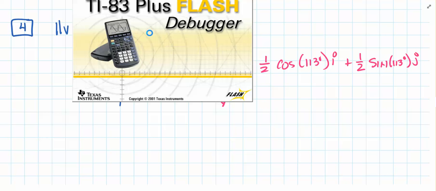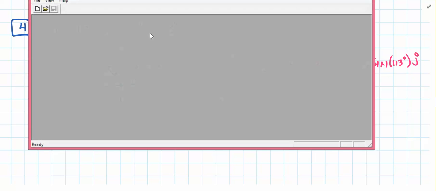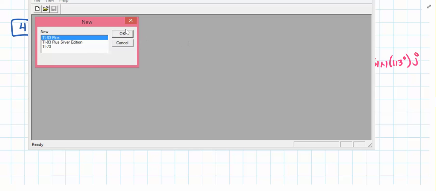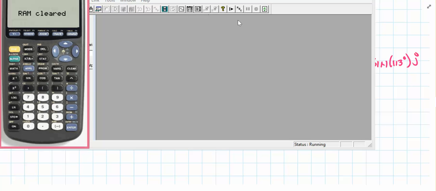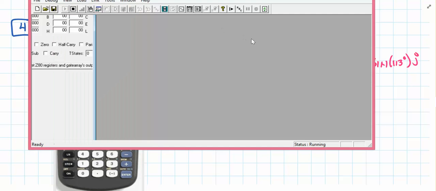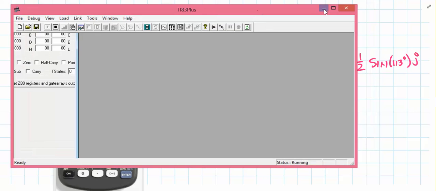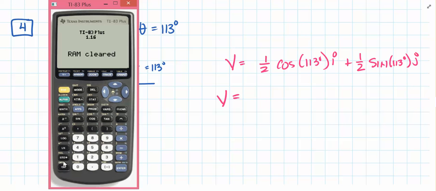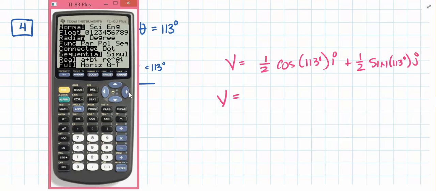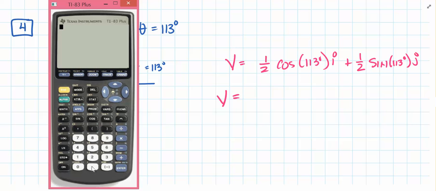And you guys can go ahead and work ahead of me. All right, mine's never in degrees, so I have to go to degrees, push enter. Okay, so if I do 0.5 cosine 113, what are you guys getting for that part?